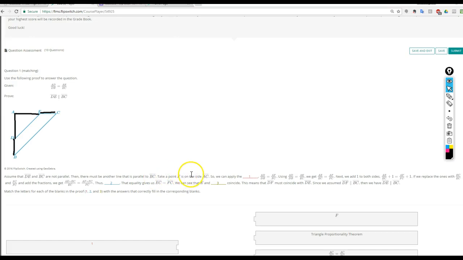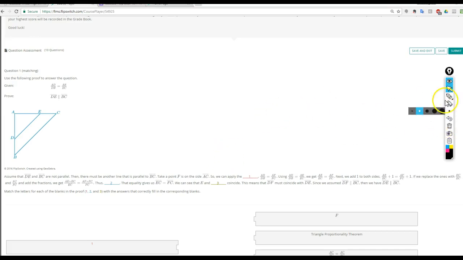Take a point F on the side of AC, so we can apply the blank, and then AD divided by DB is equal to AF divided by AC.